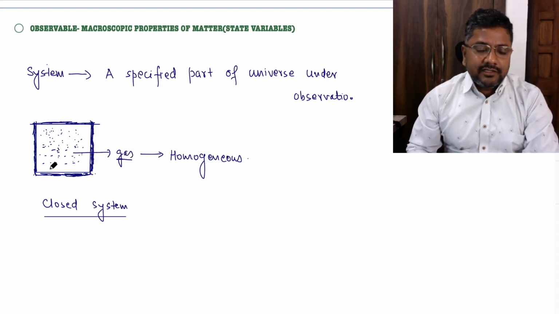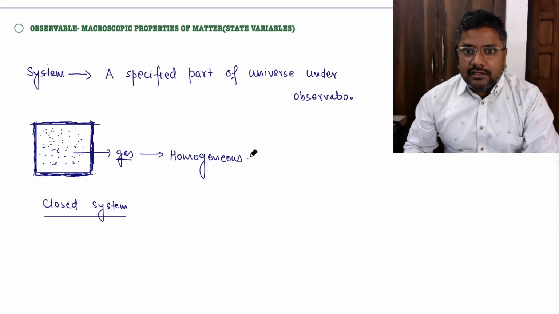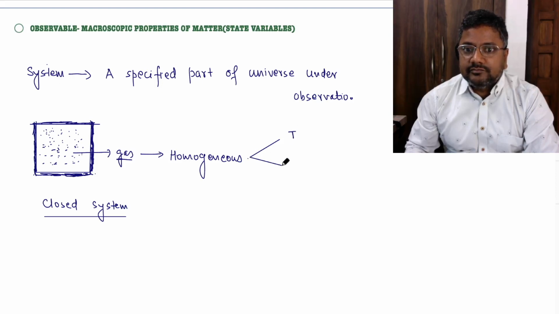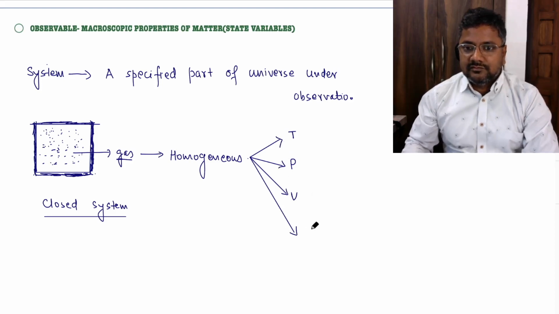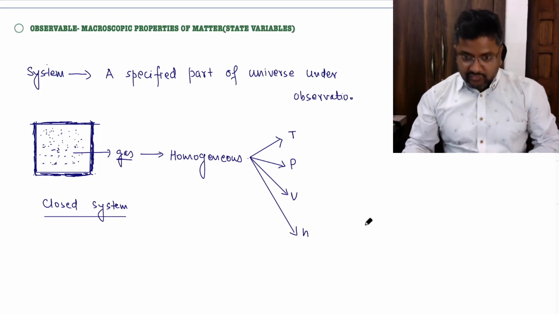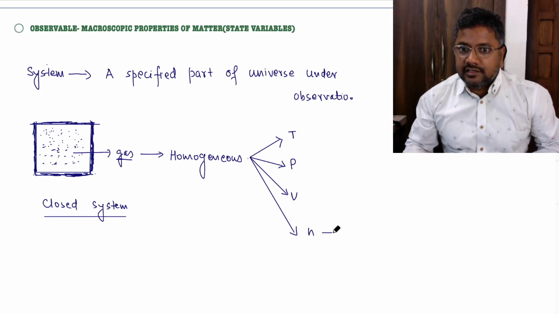Whenever you have taken matter in a system, in a container, you always have these four variables: temperature, pressure, volume, and number of moles, n. So n is the number of moles.